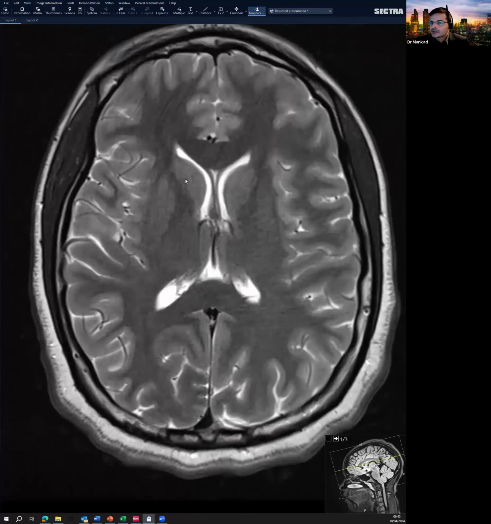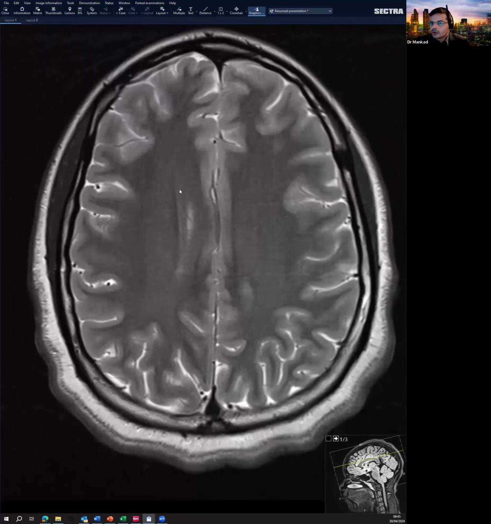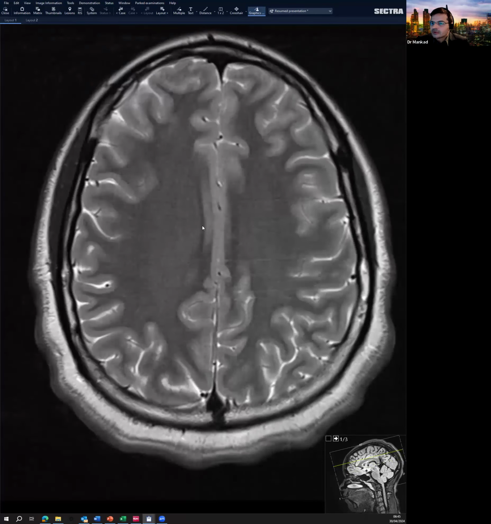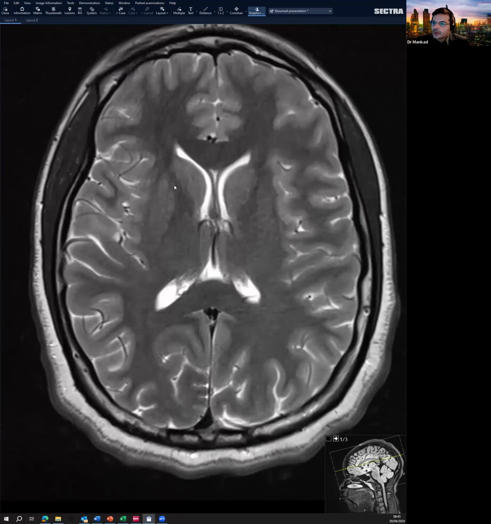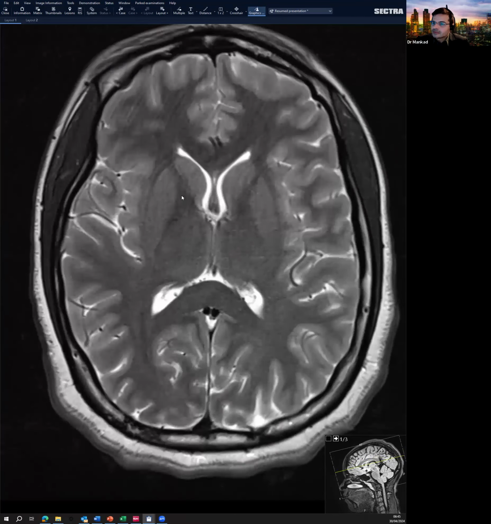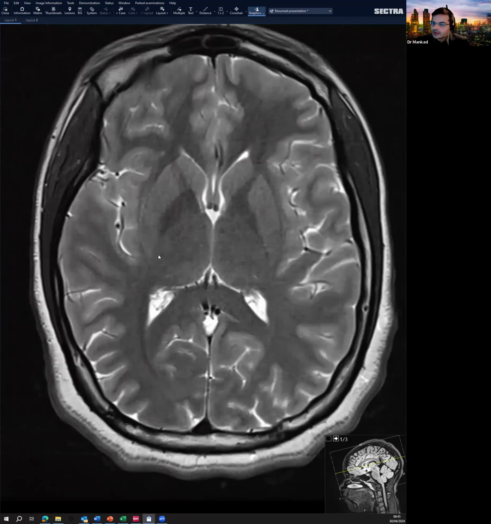If we track this up and down, you would go all the way to the centrum semiovale region, where the corticospinal tracts are forming, going down through the anterior limb of the internal capsule, and then it does a turn. This is the posterior limb of the internal capsule out here. Important structures, because any little infarction or tumor out there can cause quite a dense hemiplegia.